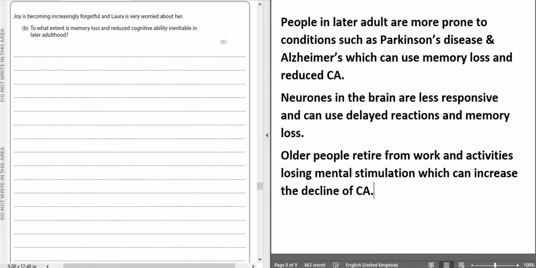So again, we're saying to what extent is this normal and inevitable. So what we've got here are some arguments: Alzheimer's, Parkinson's, motor neurons or neurons are less responsive, and retirement.